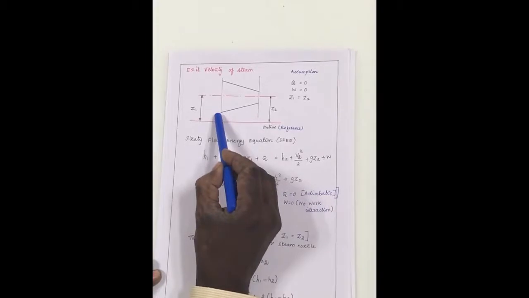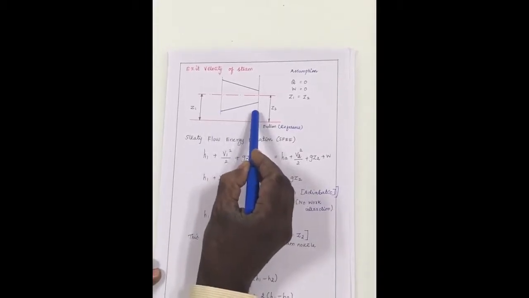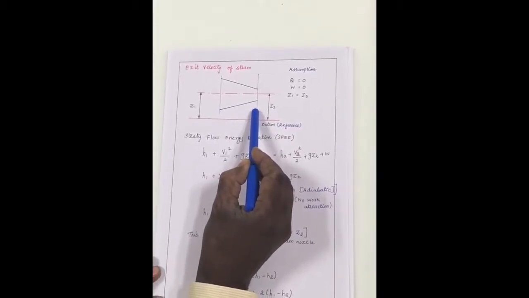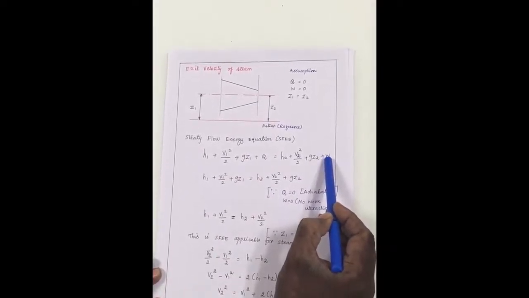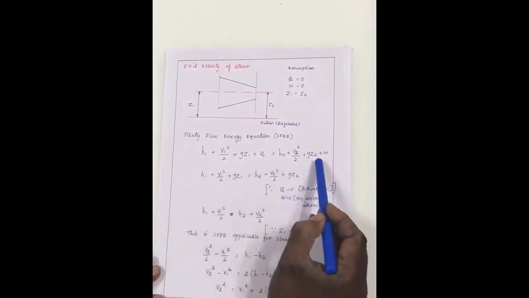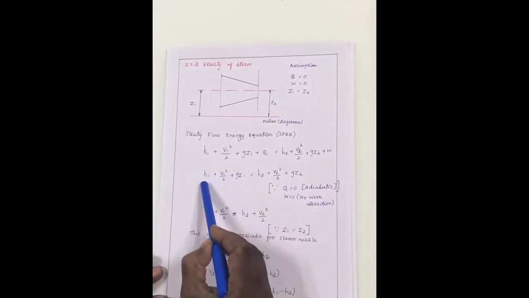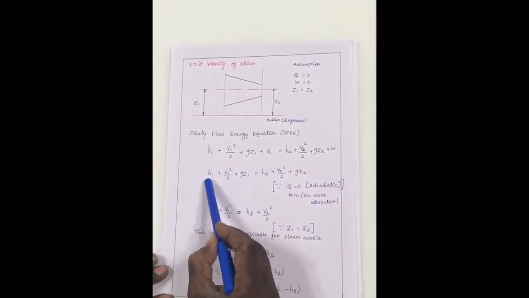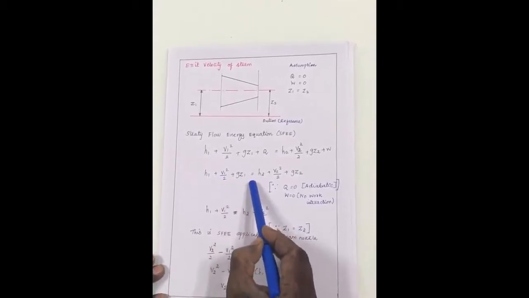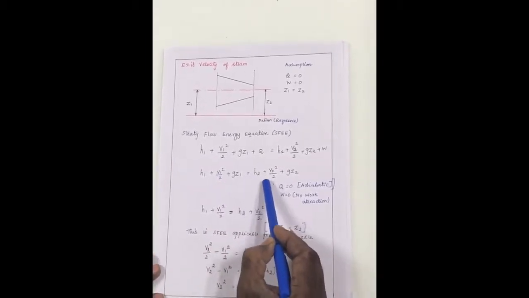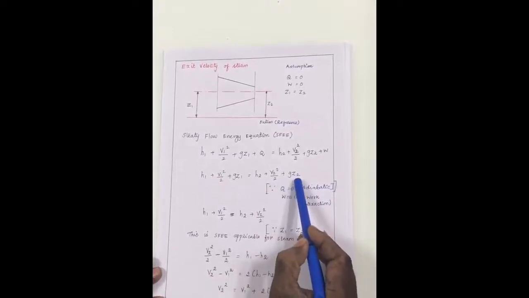In the nozzle the expansion is happening without any work interaction, so we can neglect the work term W. So we can rewrite the steady flow energy equation as H1 plus V1 squared by 2 plus Z1 equal to H2 plus V2 squared by 2 plus Z2.